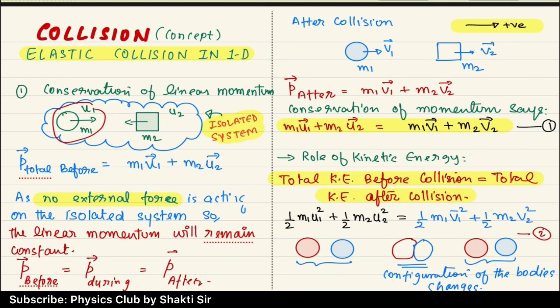And there is a very valid reason why it is not conserved during the collision, because when the two balls are colliding with each other, for example, if you have two balloons and you press them together, you will observe that the shape of the balloon changes, right?